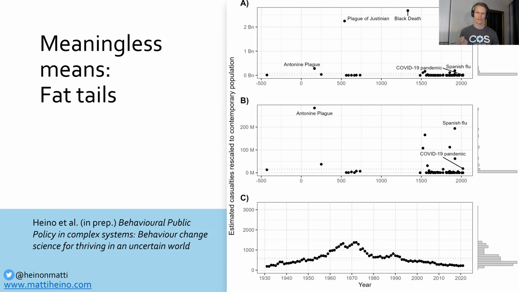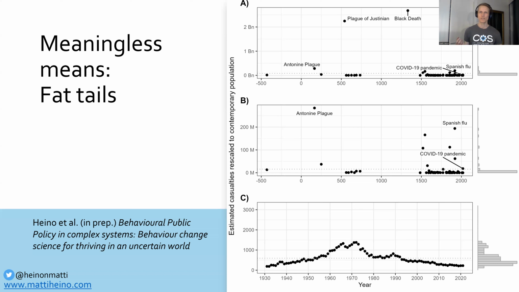But what would be very, very weird is if you would say that you expect that 1 year, instead of 1,000 or 500 traffic deaths, we would have 100,000 traffic deaths. Because there's really just no mechanism for why that would ever happen.